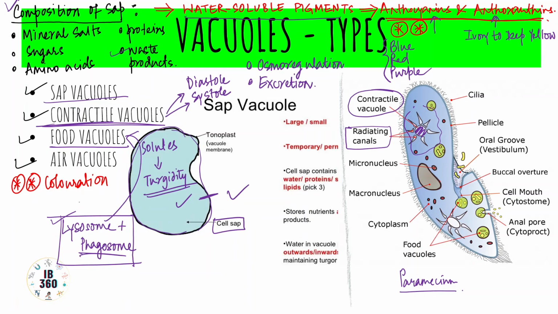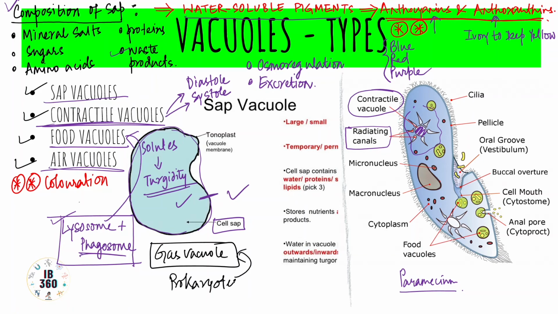Last is air vacuoles. These are also called gas vacuoles, and they are found only in prokaryotes. Till date, they have been reported only in prokaryotes. Okay, let me write it. So gas vacuoles or air vacuoles, reported only in prokaryotes.